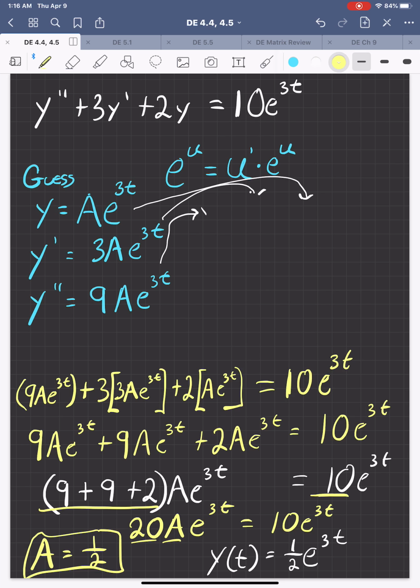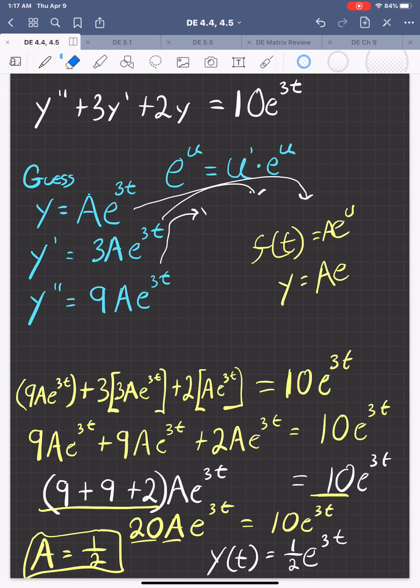Okay, so what's the takeaway? So the takeaway is when f of t is of the form, say e to the u or a e to the u, then you want to choose a y that is of the form of, say, A e to the u.